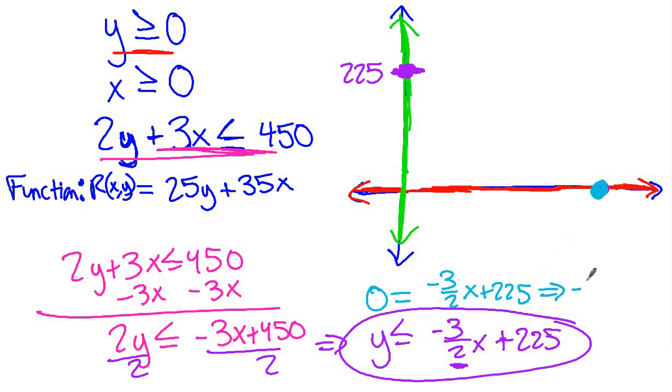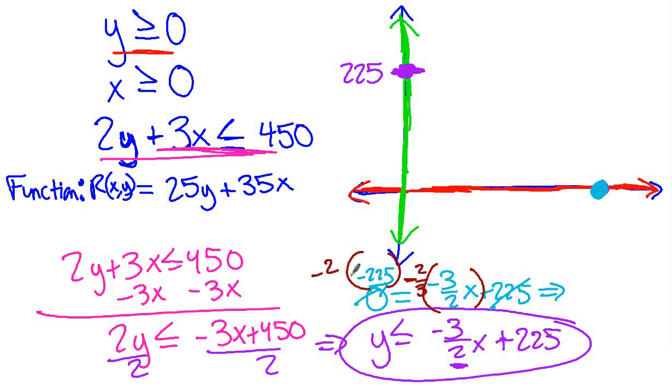So if you subtract 225 from both sides, that goes away, and this becomes negative 225. Then, to solve for x with negative 3 halves x, you have to multiply both sides by the reciprocal, because the opposite of multiplying by negative 3 halves is dividing by negative 3 halves, which is like multiplying by negative 2/3.